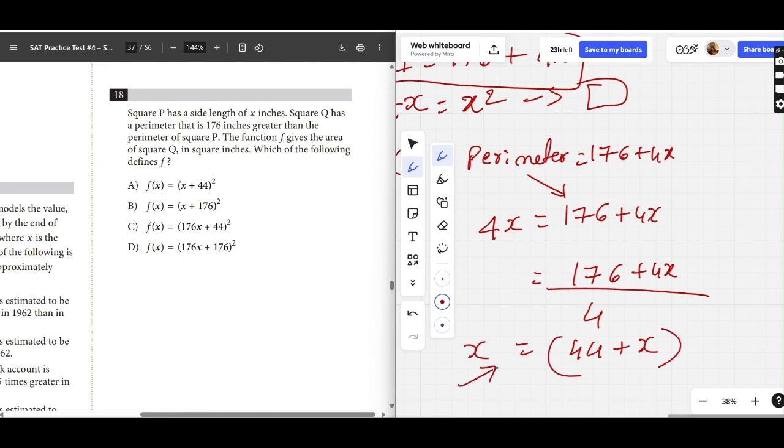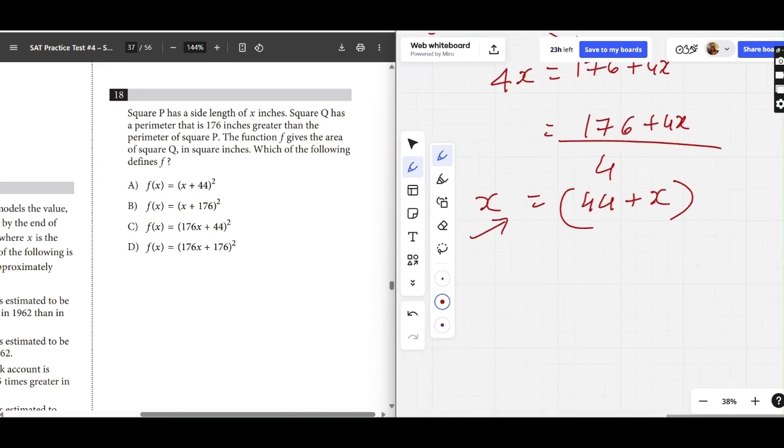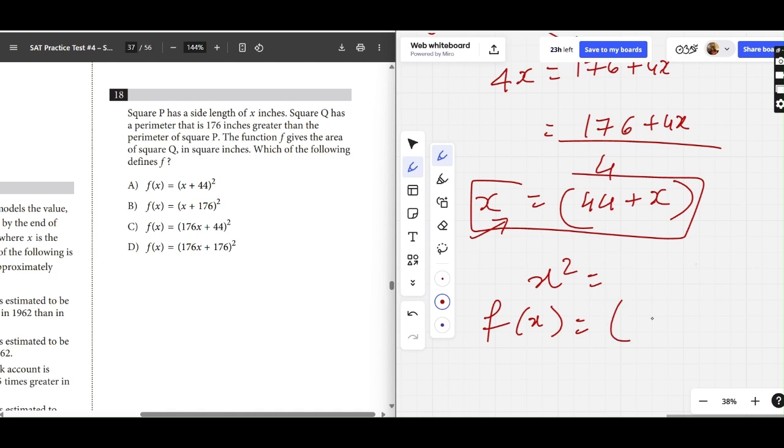And the function to find the area is simple. Finding the area is always the side squared. That's why f of x equals, if the side represents 44 plus x, then the area is (x plus 44) whole squared. We see the option A, which is what we were looking to see here.